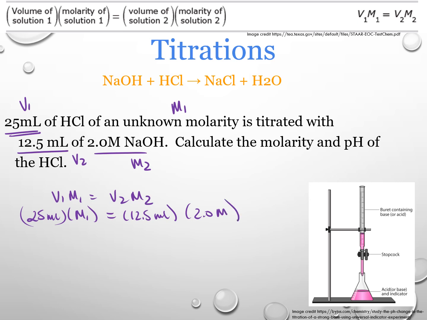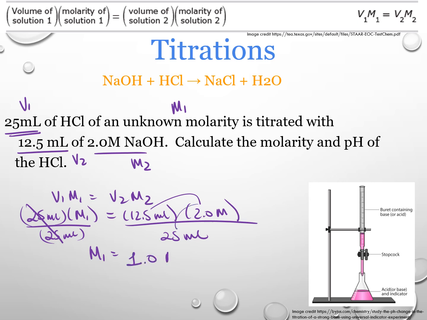M2 is 2 molar. So now to solve for M1, we're going to divide both sides by 25 milliliters. That cancels out. M1 equals 12.5 times 2. That's 25. 25 divided by 25 is 1. And so our concentration of the acid is 1 molar.